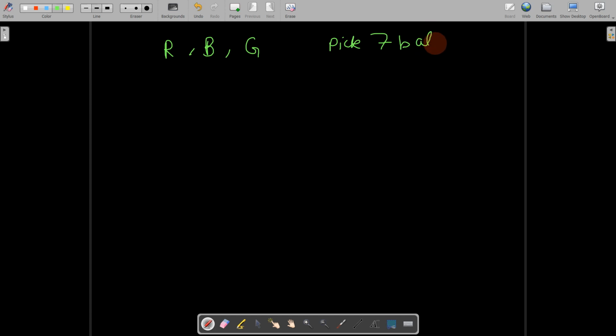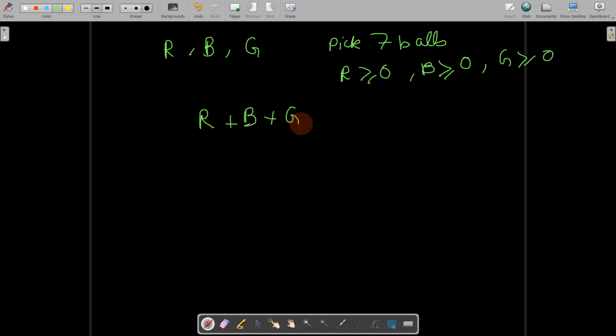The number of red balls can be greater than or equal to 0, the blue balls greater than or equal to 0, and the green balls greater than or equal to 0. So the question is: how many integer solutions are there for red plus blue plus green? They total make a sum of 7. Okay, and this is the constraint.